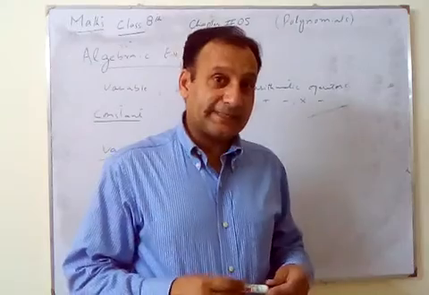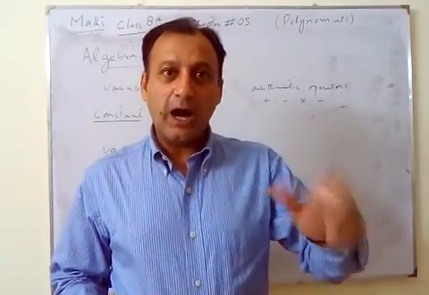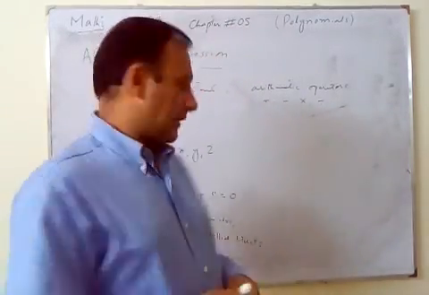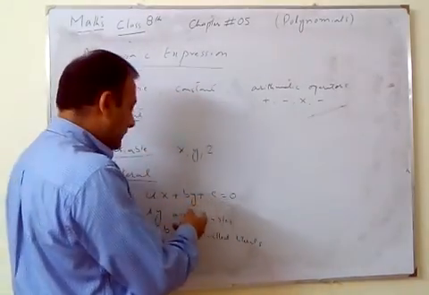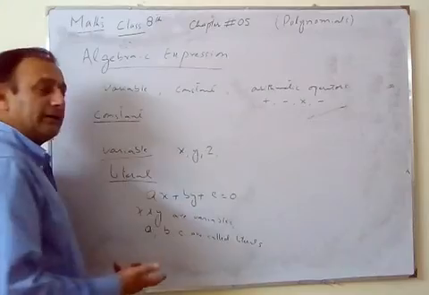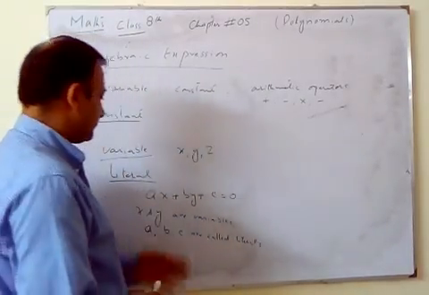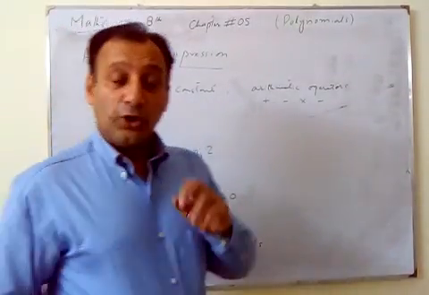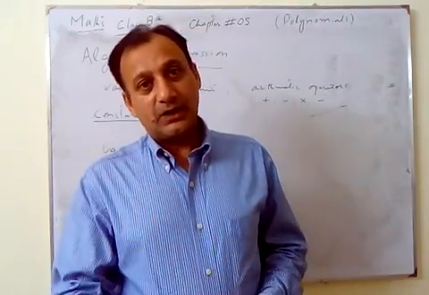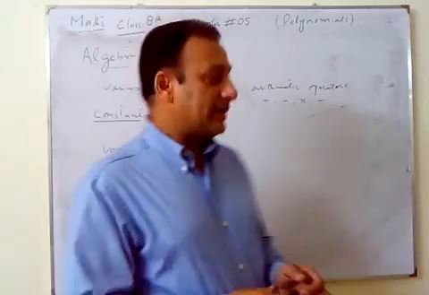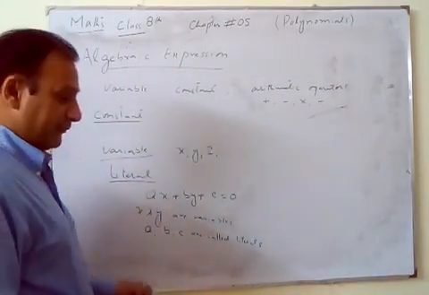Alphabets which represent a constant or coefficient. Here c is representing a constant, and here a and b are coefficients. So all those alphabets which represent constants and coefficients are called literals.